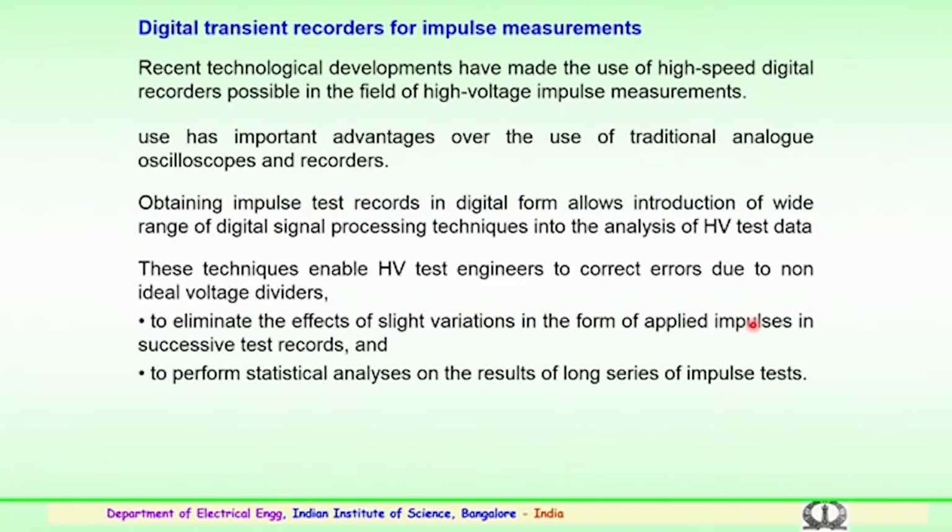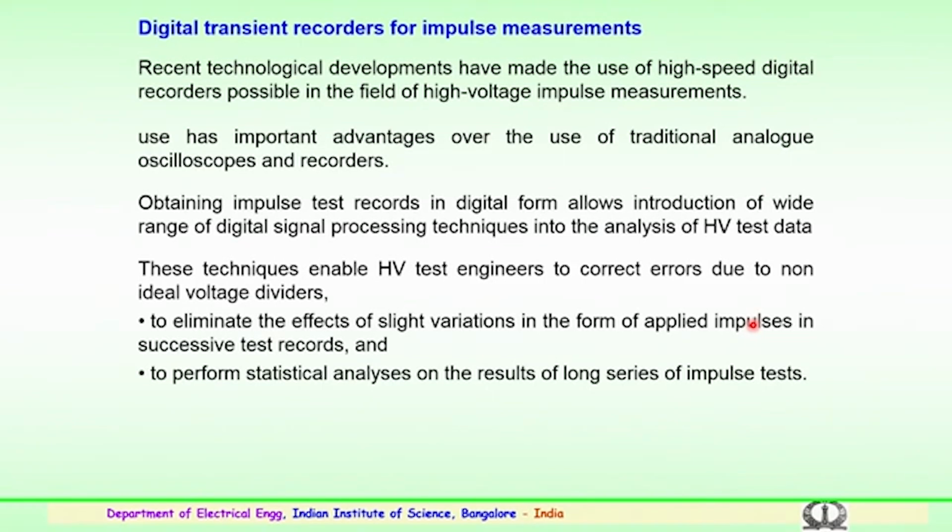Further, recent advances have been happening in the measurement of high impulse currents, where digital transient recorders, particularly for impulse measurements, are being used. Recent technological developments have made possible the use of high speed digital recorders in the field of high voltage impulse measurements.